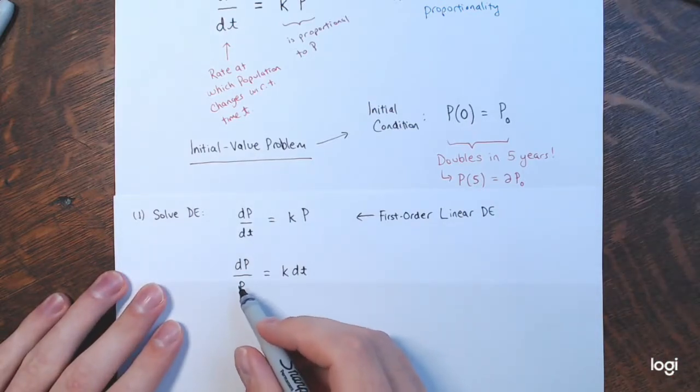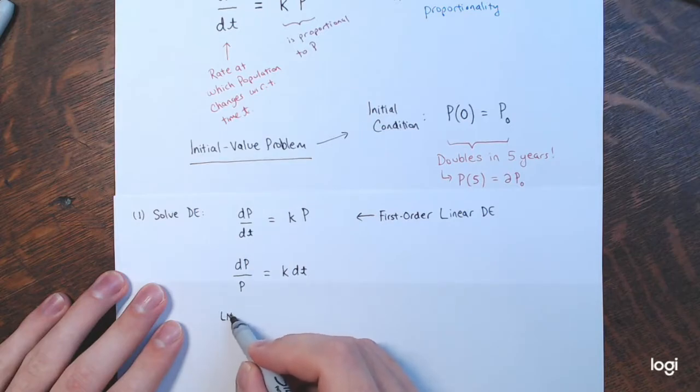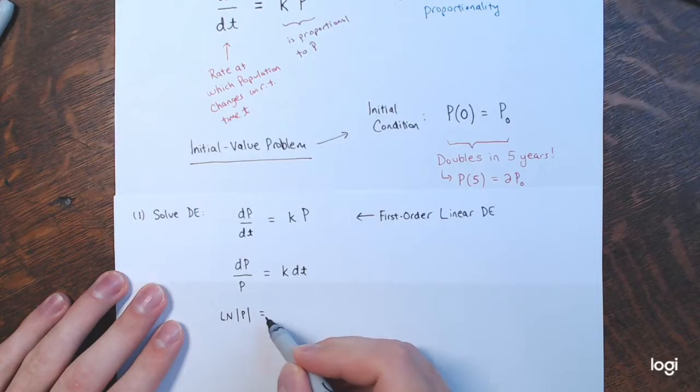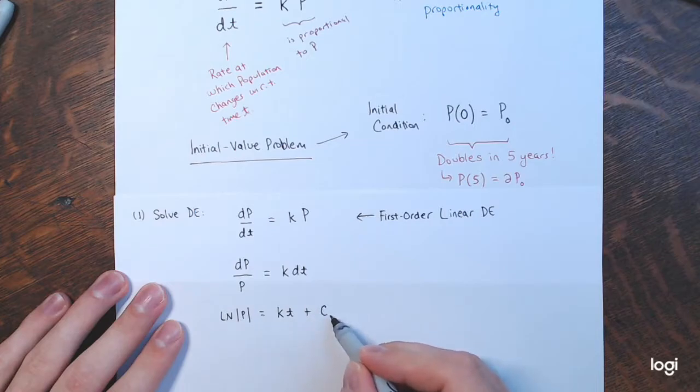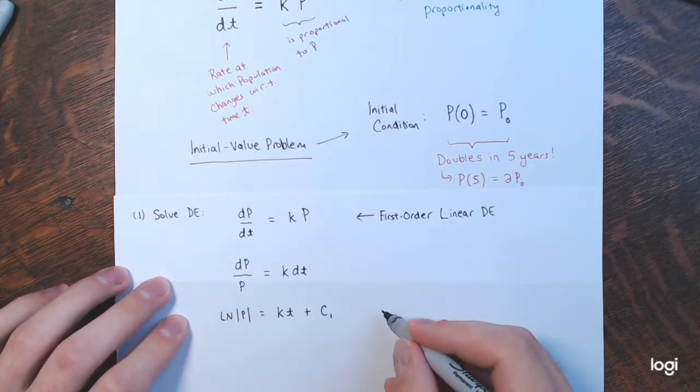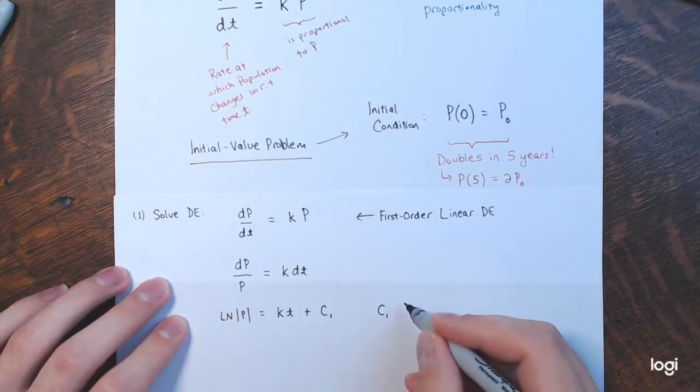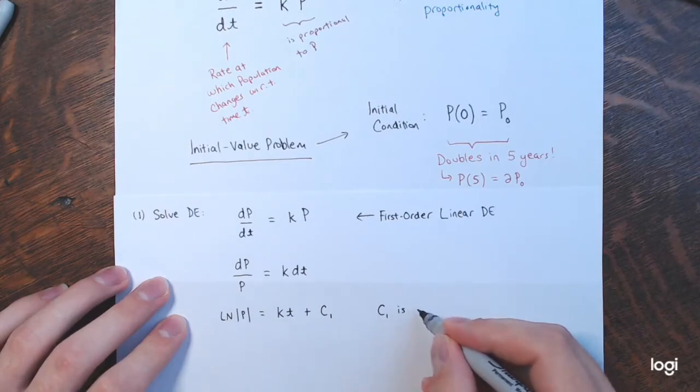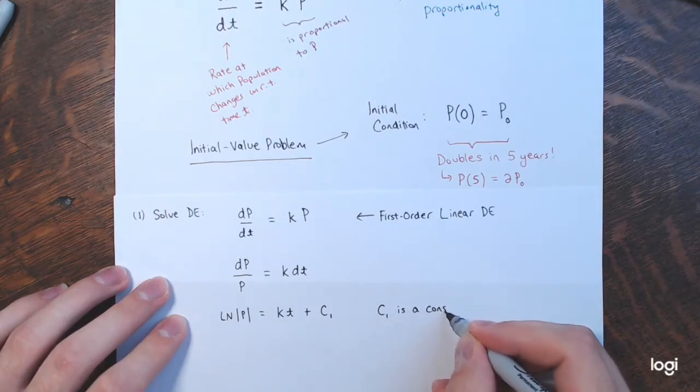Indefinite integral, we have the natural log of the absolute value of p over here equals k times t, and then plus some constant, and I'll call this c1, because I'm going to change it in a minute. So c1 is our constant of integration.